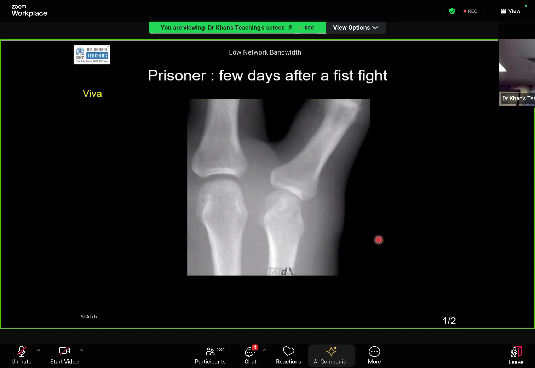So this patient is a prisoner. He ended up in the prison because he had a fight on a Saturday night, a fist fight, and then he developed some symptoms. Over to you. What are the findings here? What is your diagnosis? I'm presented with a zoomed in radiograph of a metacarpophalangeal joint, I assume.